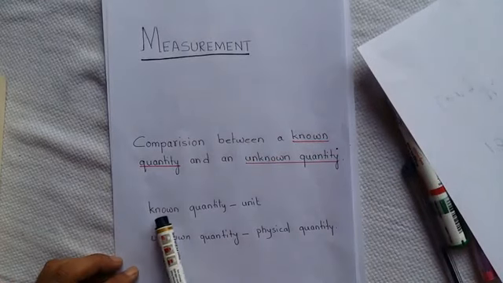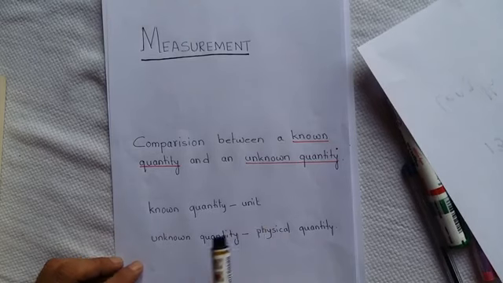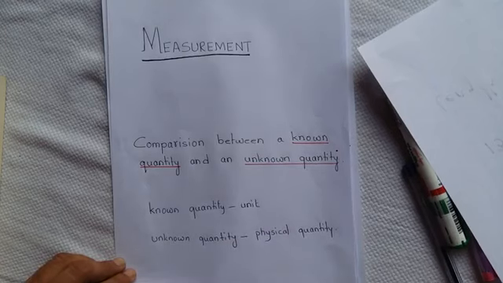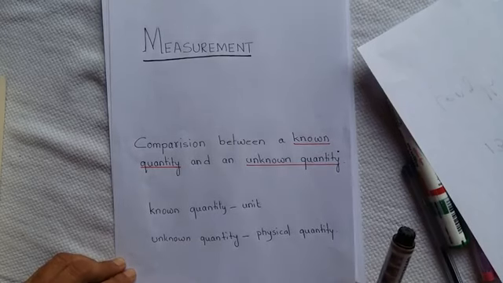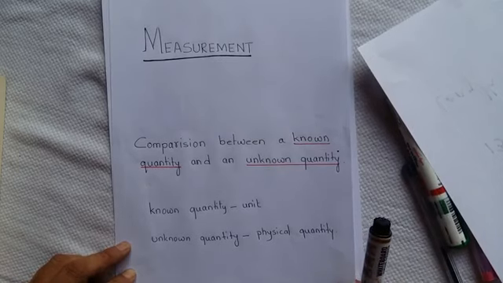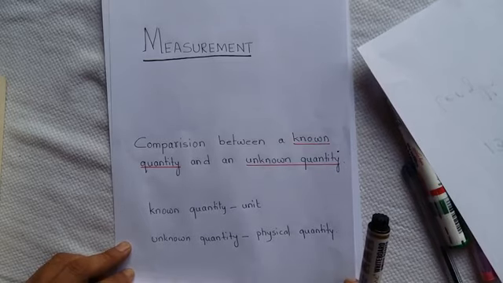So I have written here, known quantity refers to the unit and unknown quantity is the physical quantity like length, mass, time, temperature, pressure. There are many physical quantities. So we'll study about it.